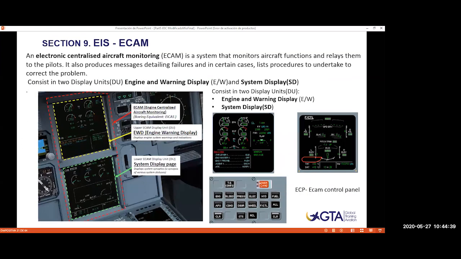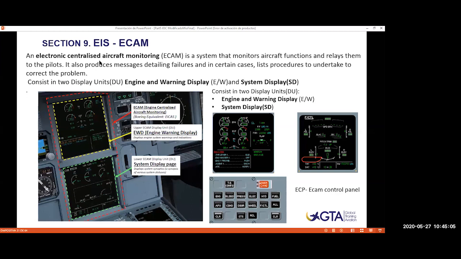And after the EFIS, there is another element of the EIS, and the name is ECAM. Wow, ECAM. ECAM is electronic centralized aircraft monitoring.